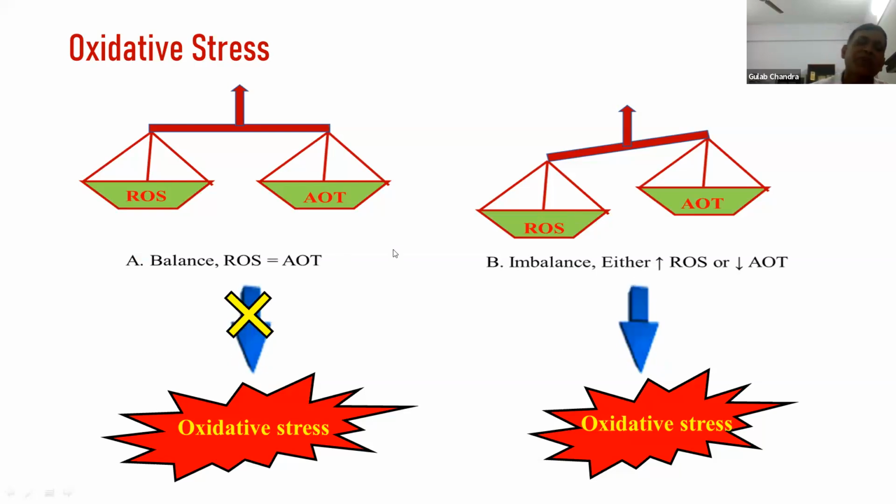This one is the normal situation, where the free radicals are balanced by the antioxidants, and a low or moderate concentration of free radicals is beneficial for the body. But when the concentration increases excessively, it causes oxidative stress.